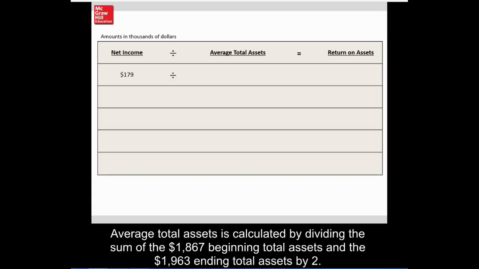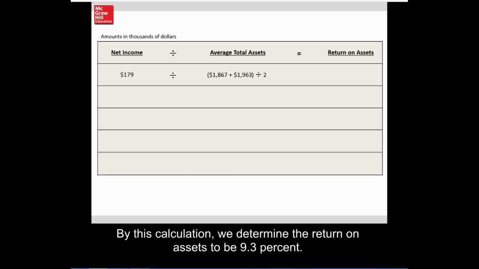Average total assets is calculated by dividing the sum of the $1,867 beginning total assets and the $1,963 ending total assets by 2. By this calculation, we determine the return on assets to be 9.3%.